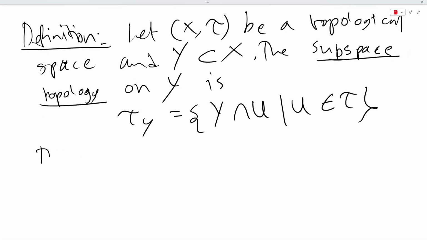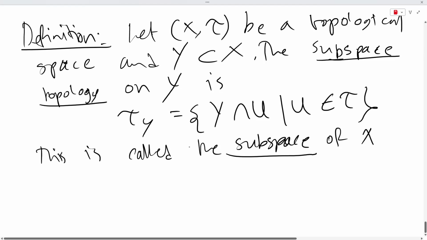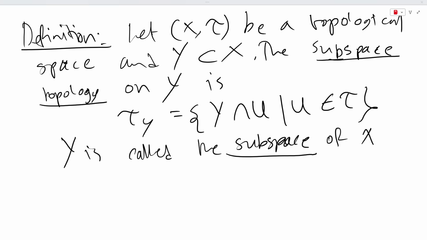So this is called the subspace topology, and Y is called a subspace of X.